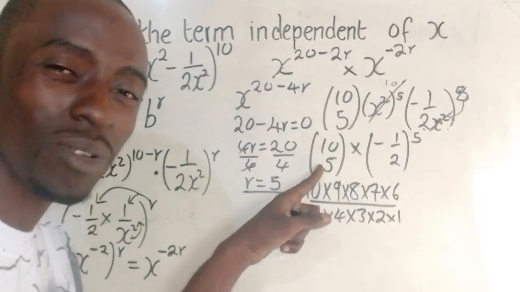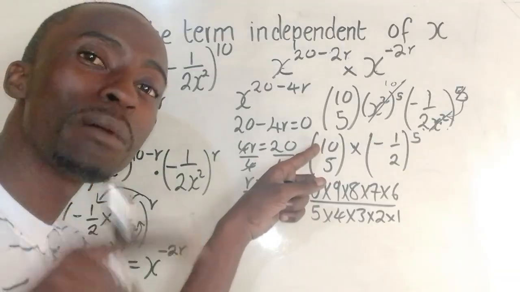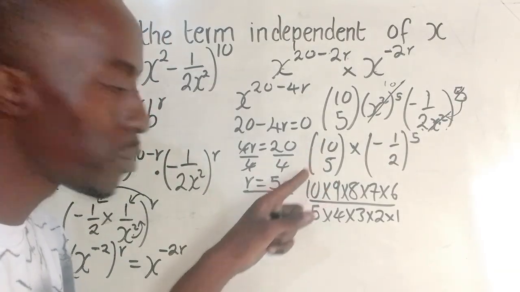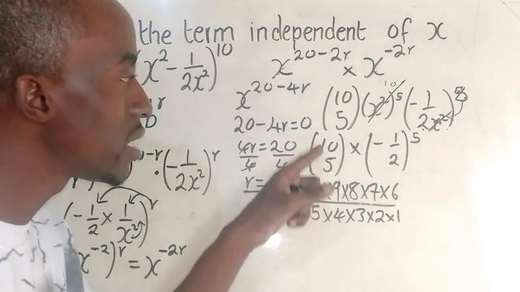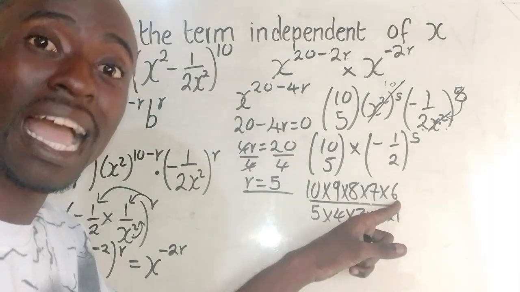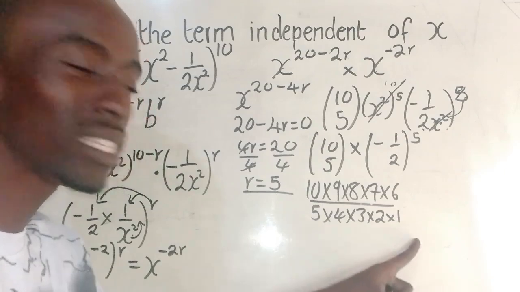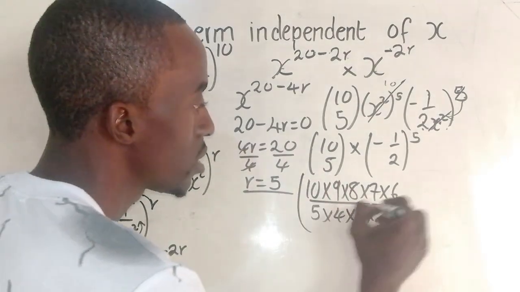The number which is down determines how many times you're supposed to reduce the number by multiplying. If for example there was 4, you would say 10 times 9 times 8 times 7. But because there is 5, we're looking up to 6, and at the same time you multiply 5 times 4. You reduce the number, you multiply them 5 times. So you do this like this.